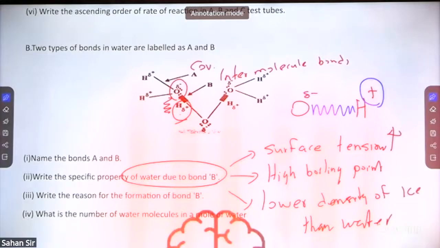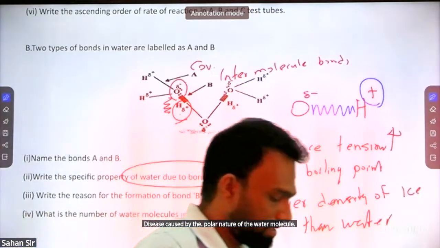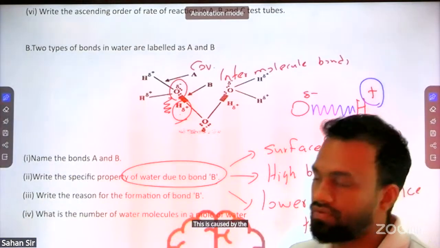This is caused by the polar nature of the water molecule.